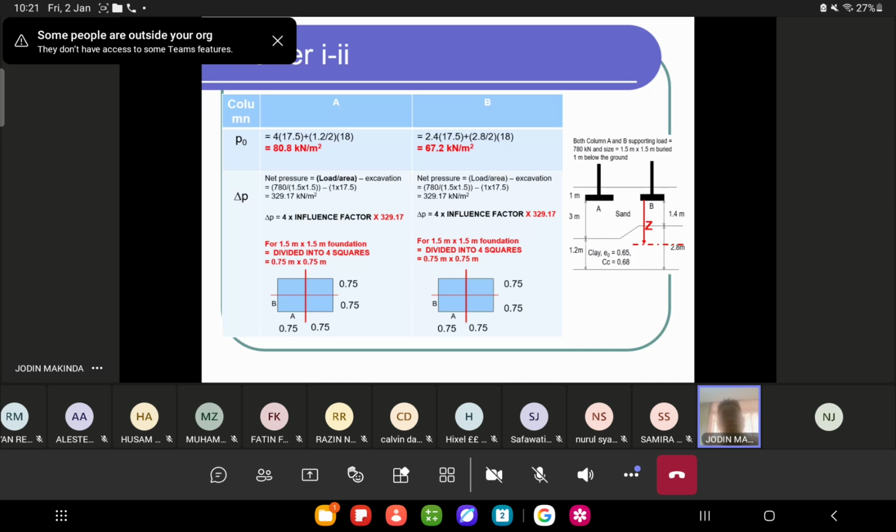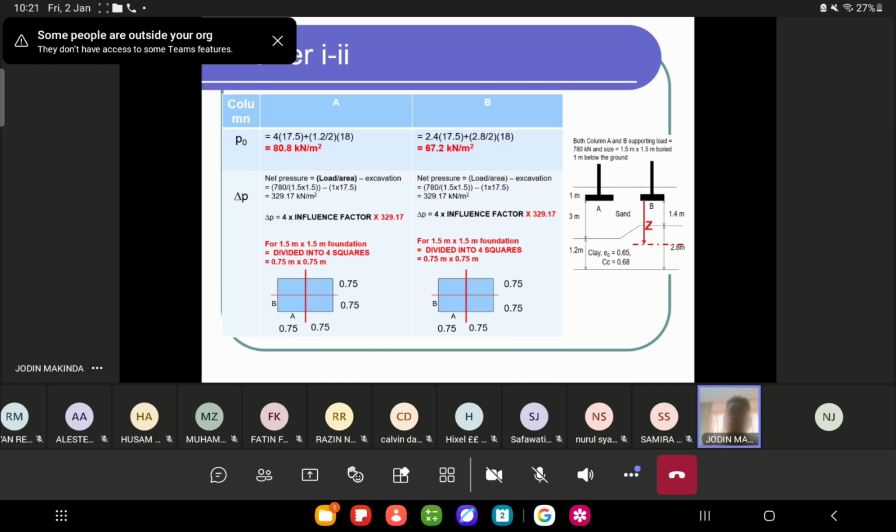So, in this case, you have to imagine during the construction, what is the depth of the soil that you have to dig or excavate? You have to subtract that from the load. So in this case, load is 7,780. Area is 1.5 times 1.5.